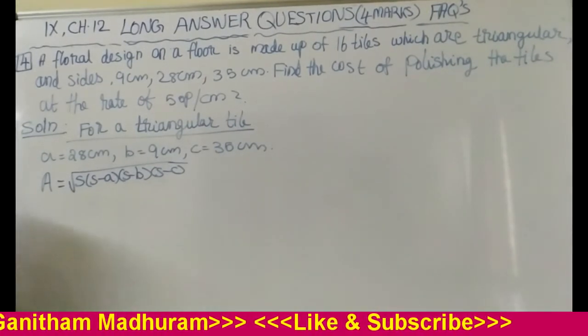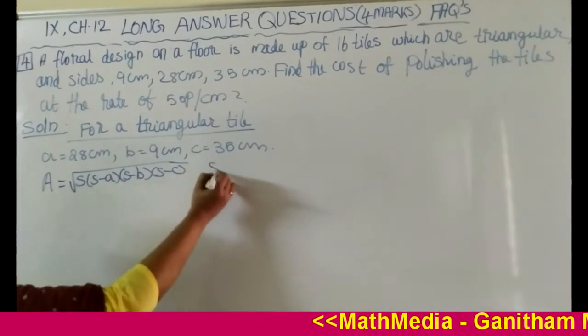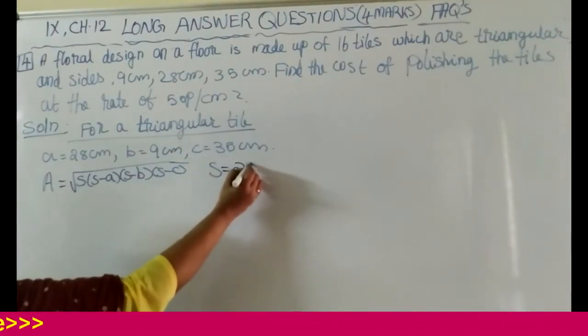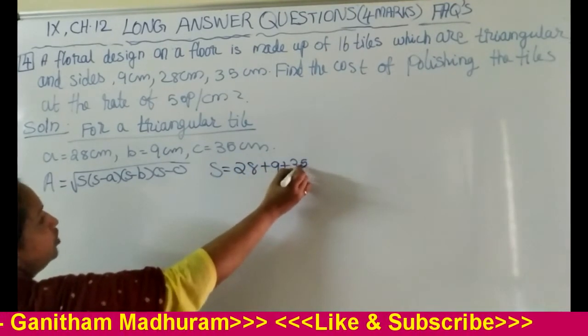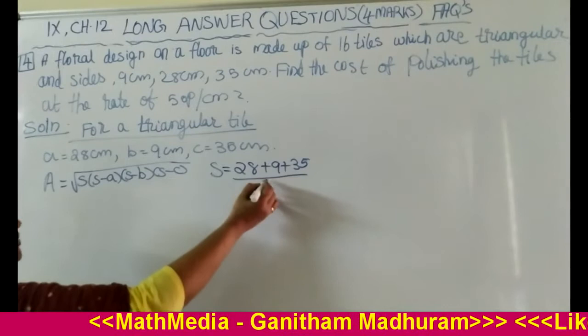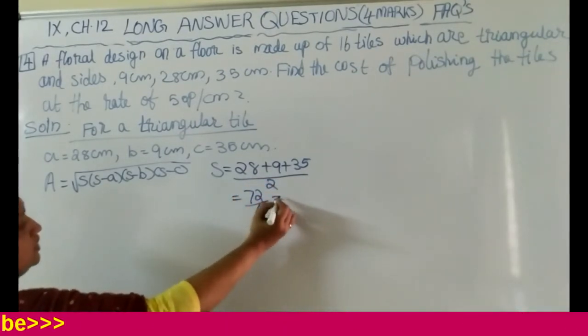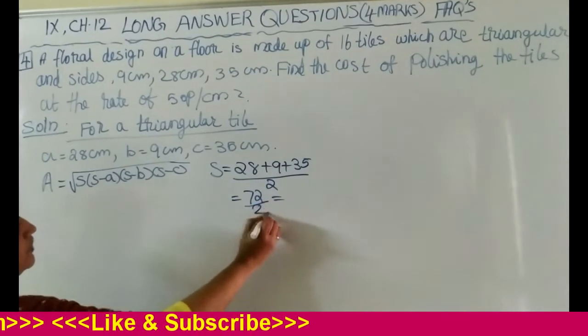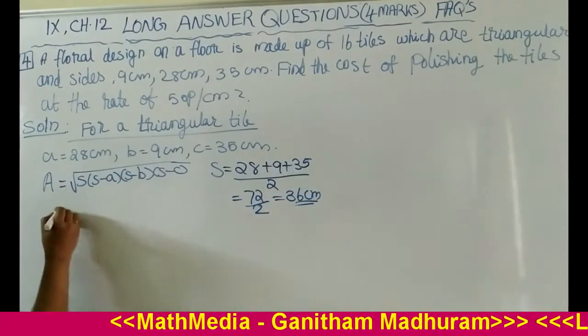As you know, the area of a triangle is root of s into s minus a into s minus b into s minus c, where s is the semi-perimeter. So you can add, we will get the perimeter divided by 2, that is 72 by 2 equal to 36 centimeter is the semi-perimeter.